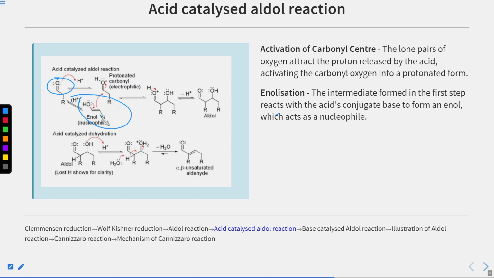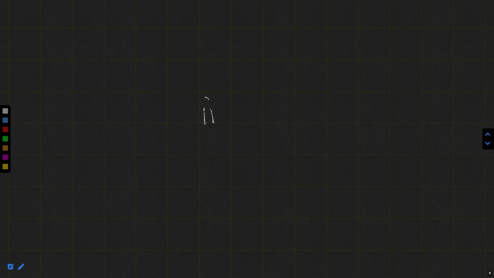Here we have H plus. After the protonation, this bond breaks. So let me draw it for you. Here is your carbonyl.